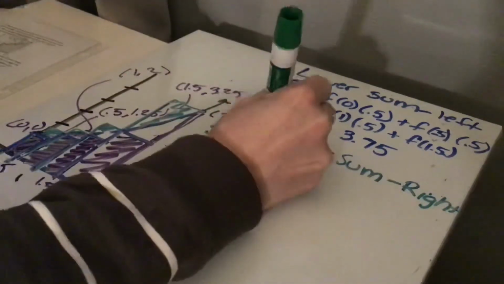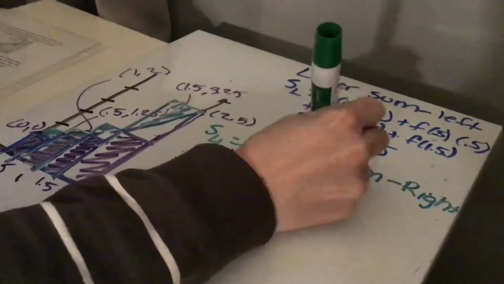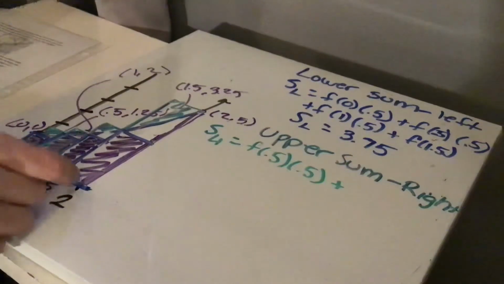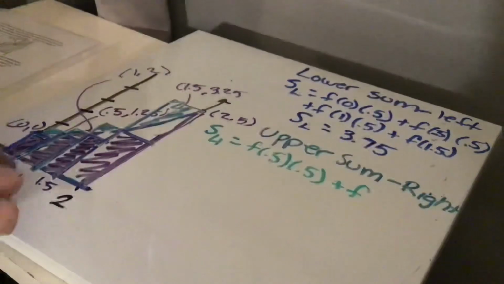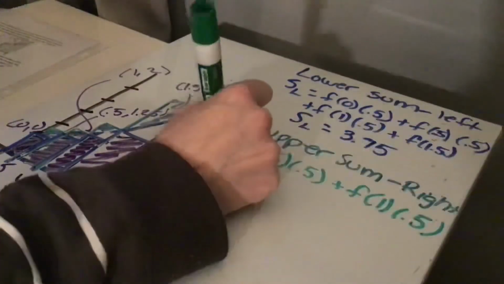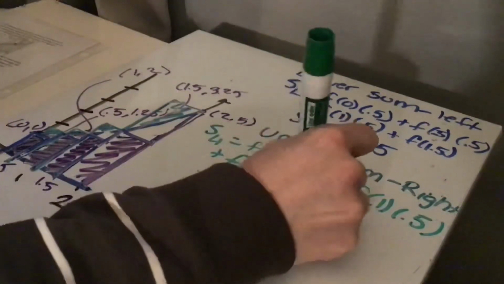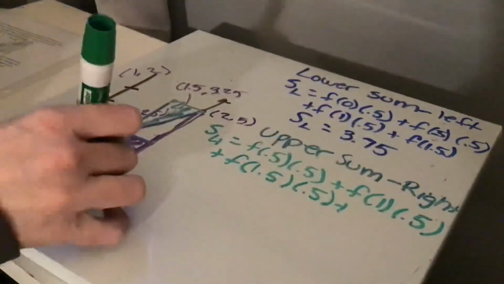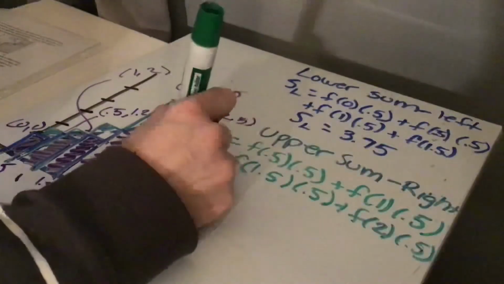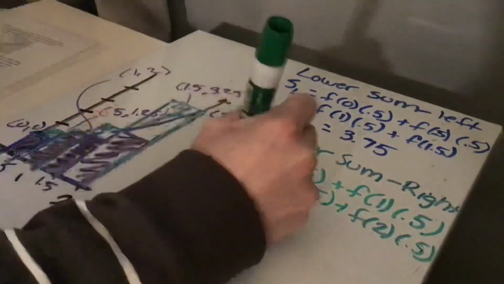So it's the function evaluated at 0.5 times 0.5, because the interval we divided up has a width of 0.5, because we divided it into 4 intervals. Then the next one here is the function evaluated at 1 times 0.5 plus the function evaluated at 1.5 times 0.5. And the last one, the height here, is 2. So the function evaluated at 2 times 0.5. So then the upper sum ends up being 5.75.